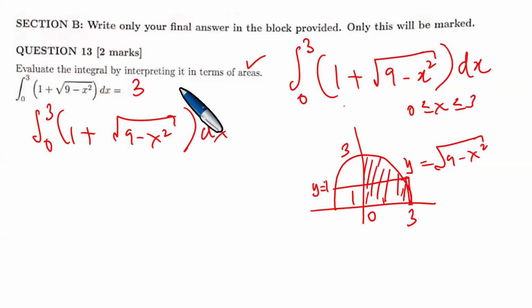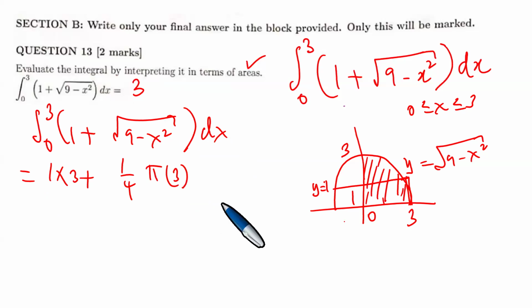So evaluate the integral by interpreting it in terms of areas. Therefore, this is 1 times 3 plus the integral from 0 to 3 of the square root of 9 minus x squared. And this one is a quarter circle. The radius of this circle is 3 units, and then you square this, and this becomes 3 plus 9 pi out of 4.